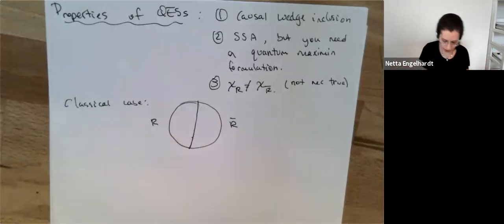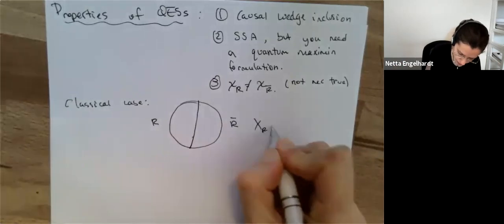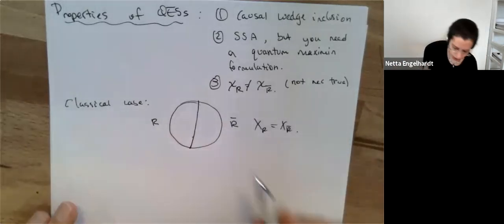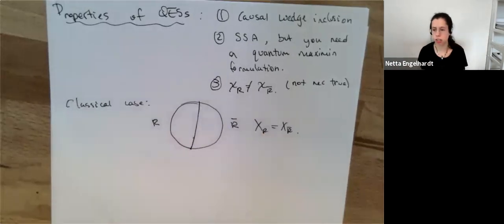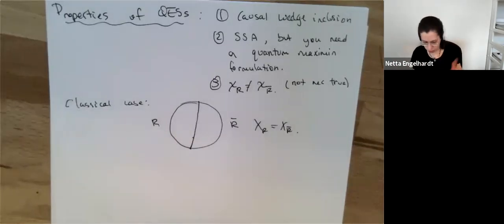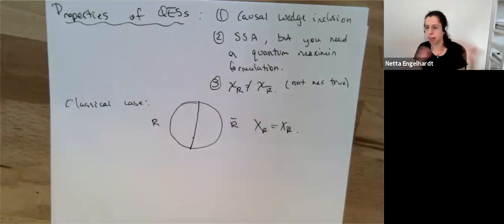So X_R equals X_R bar. Otherwise, if they weren't equal, then there would be another extremal surface here with smaller area, and then that would be the extremal surface of R. So this always has to be true. It's kind of obvious. Extremality is just local to the surface. It doesn't care which side you're evaluating it on.